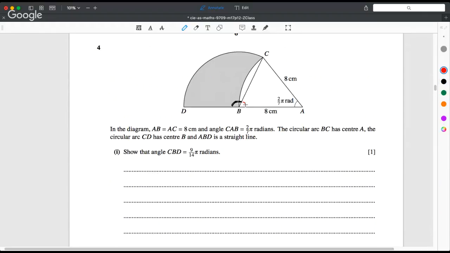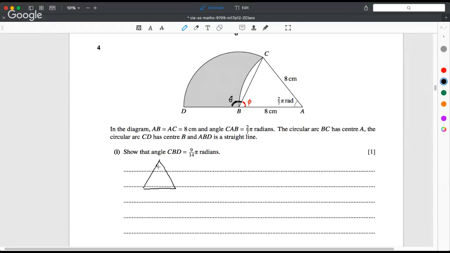So let's first find this angle here, which I'm going to call phi. And I'm going to call the angle we're looking for theta. And obviously, once we have phi, we can find theta because it's just 180 degrees, pi radians, minus phi.